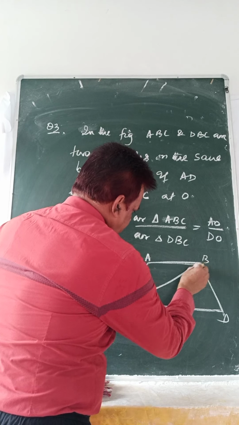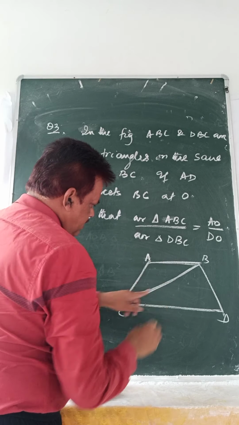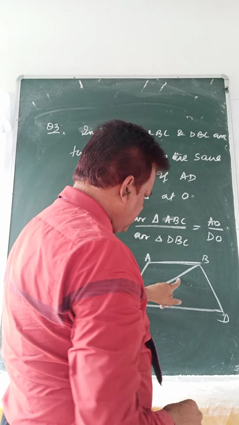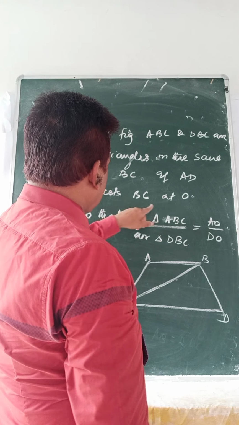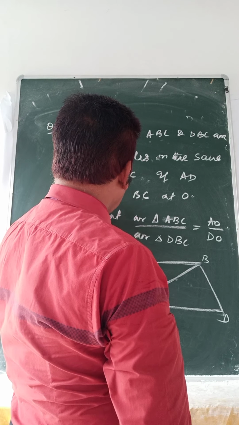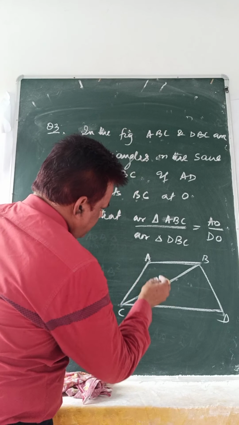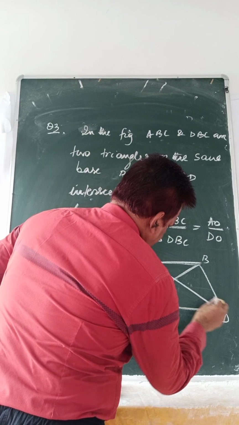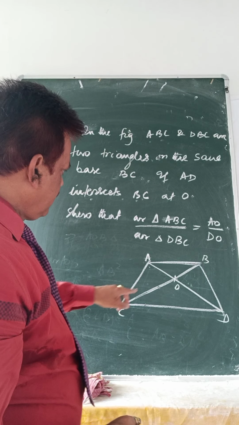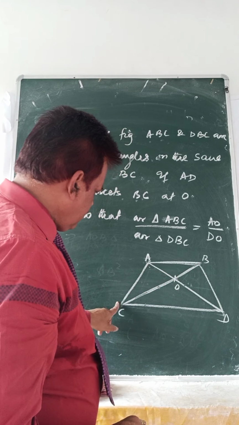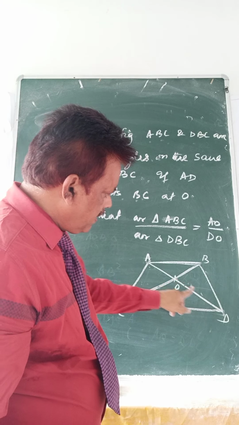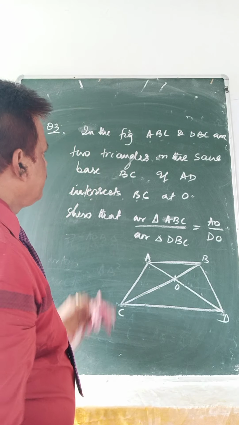This triangle's base is this one, and this triangle's base is also this one. If AD intersects BC at O, and AD means you have to join this, intersect at O, then you have to prove ABC triangle by DBC triangle equals AO by OD.